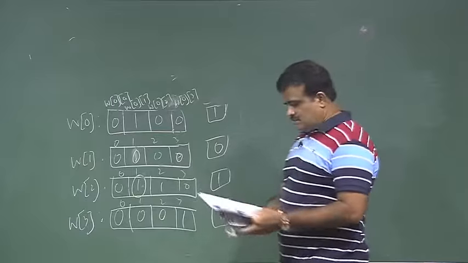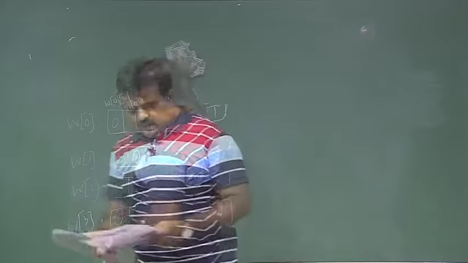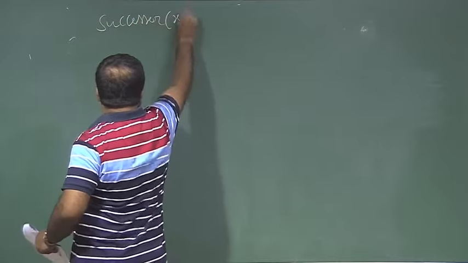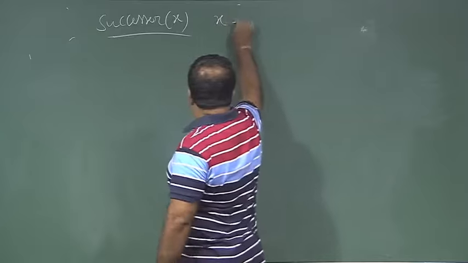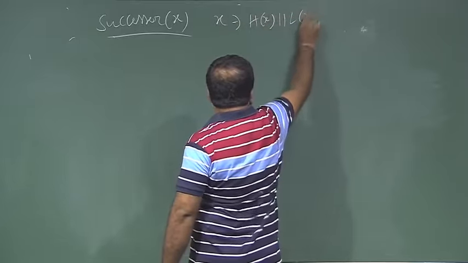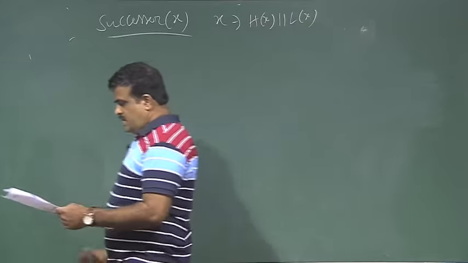So, let us write the code. Basically we are finding the successor of x. We convert x into high of x and low of x. Okay.